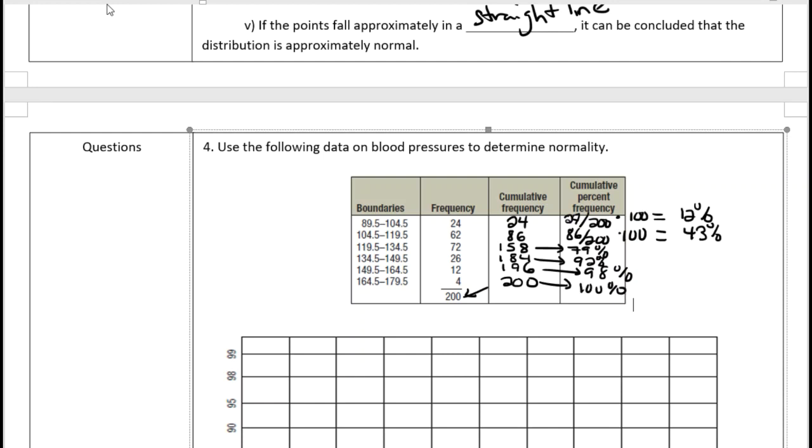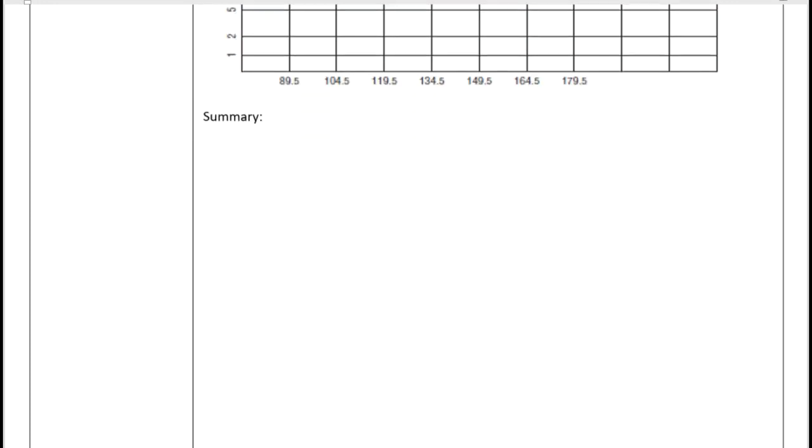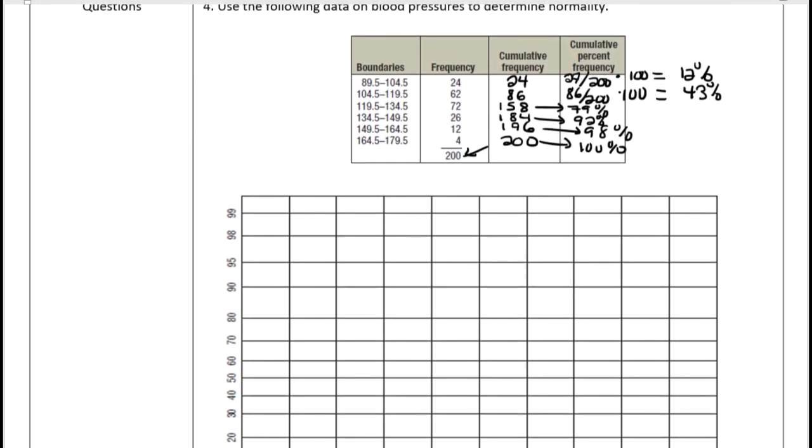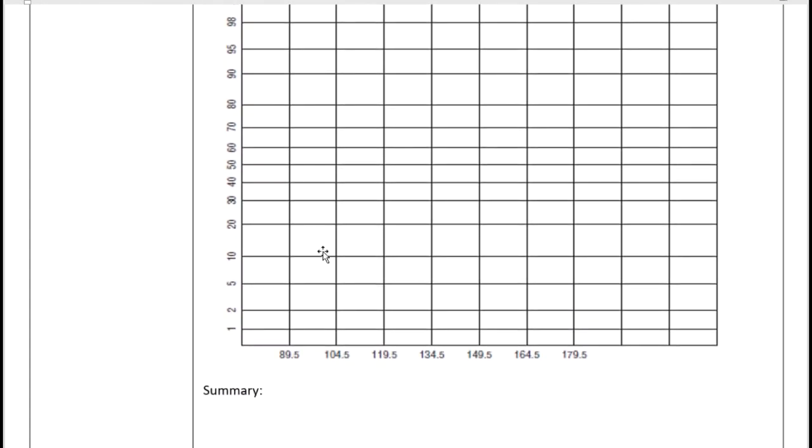Now we can go ahead and plot those. So here we have percent, and then this is our class boundaries.